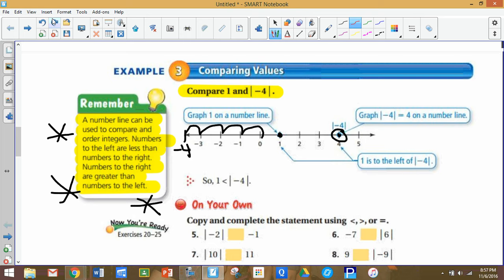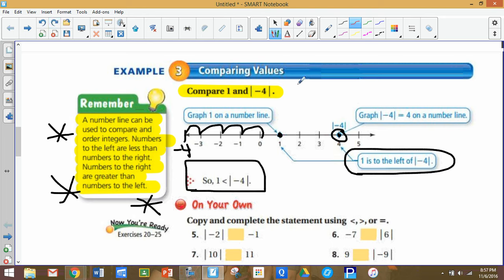So we put a dot on that 4, and we're comparing that 4 to that 1. And 1 is to the left of the absolute value of negative 4, or 4. So therefore, 1 is less than the absolute value of negative 4. The number that's furthest to the right is going to be your bigger number.